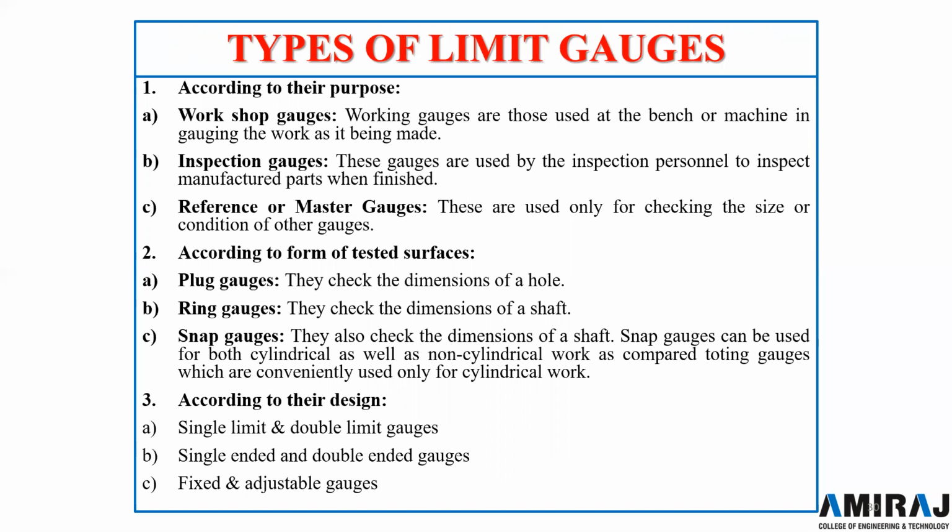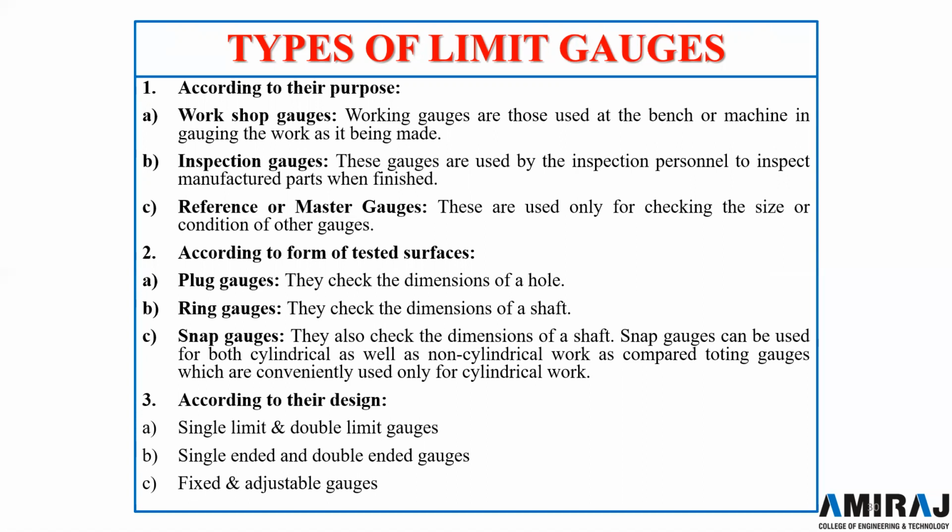These gauges are used by the inspection personnel to inspect manufactured parts when finished. The third one is the reference or master gauges. These are used only for checking the size or condition of the other gauges. These are the first type of classification according to purpose, whether they are supposed to be used in the workshop, for inspection purposes, or as a reference or master gauge.